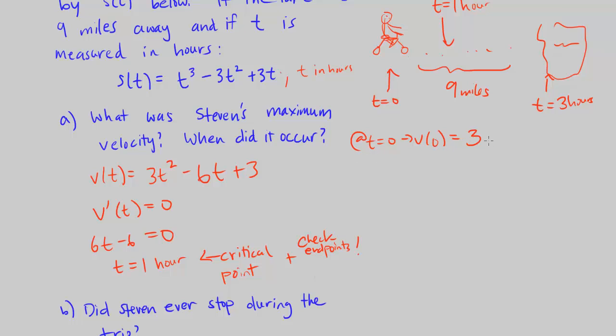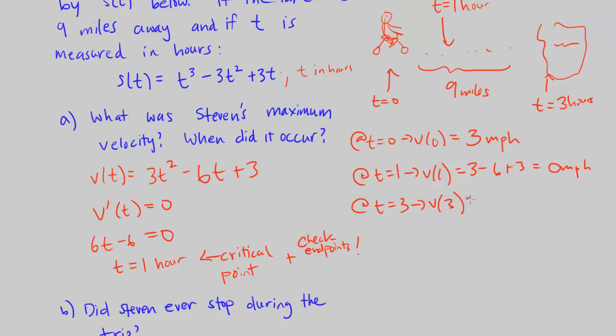So at time 0, he's going 3 miles per hour. At time equal to 1 hour, what is his speed? We plug in 1 for t, so we get 3 minus 6 times 1 plus 3, that's equal to 0.